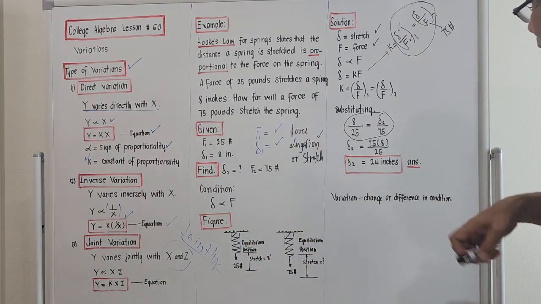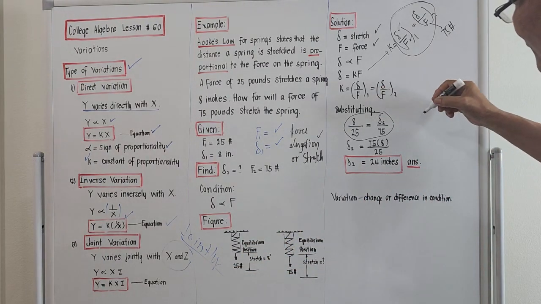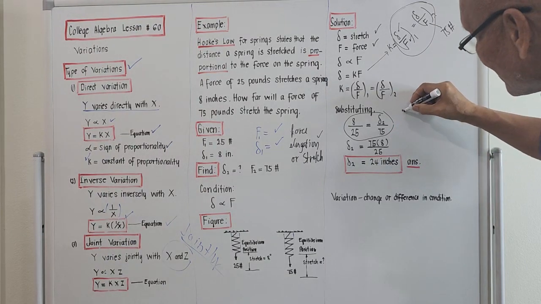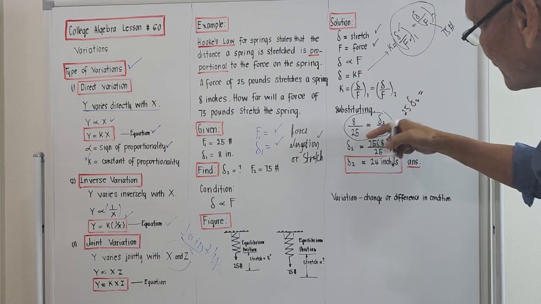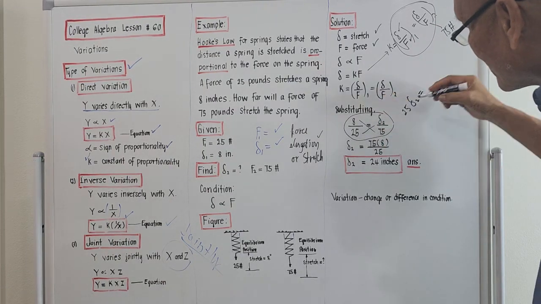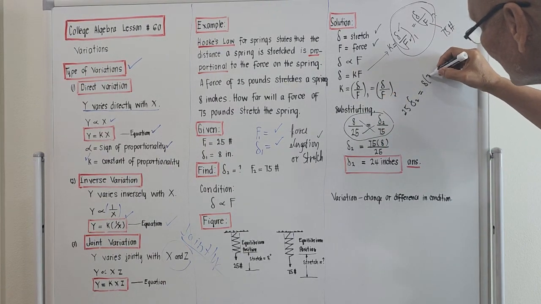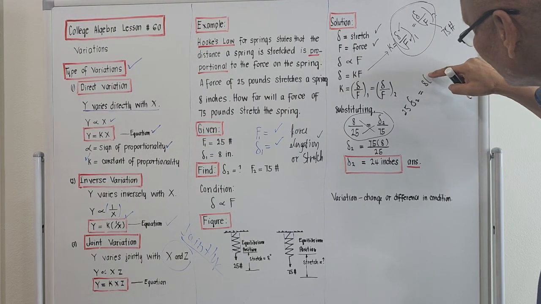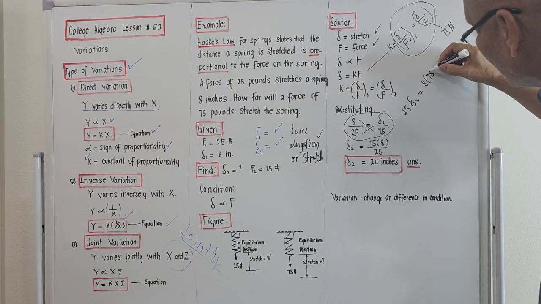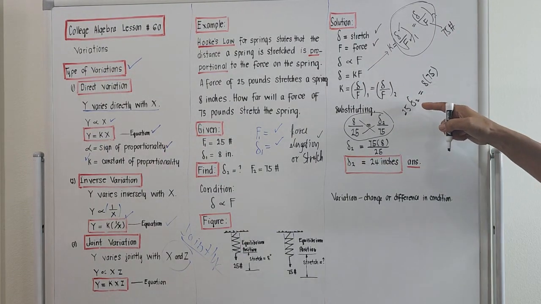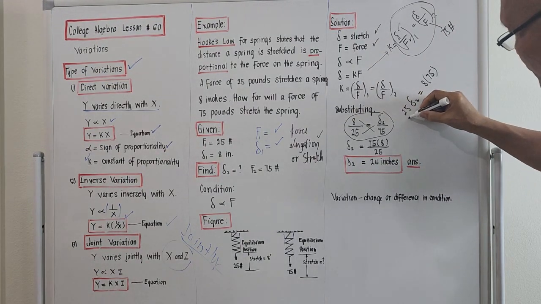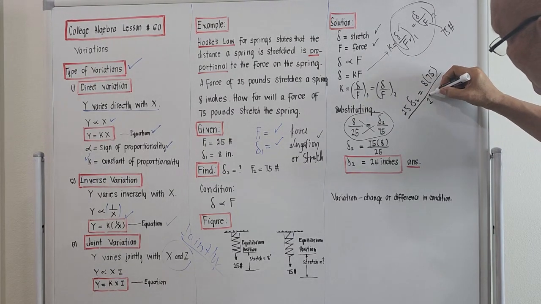Solving for delta 2, cross multiply. The product of 25 times delta 2 should be equal to 8 times 75. To solve for delta 2, the new elongation, we divide both sides by 25.